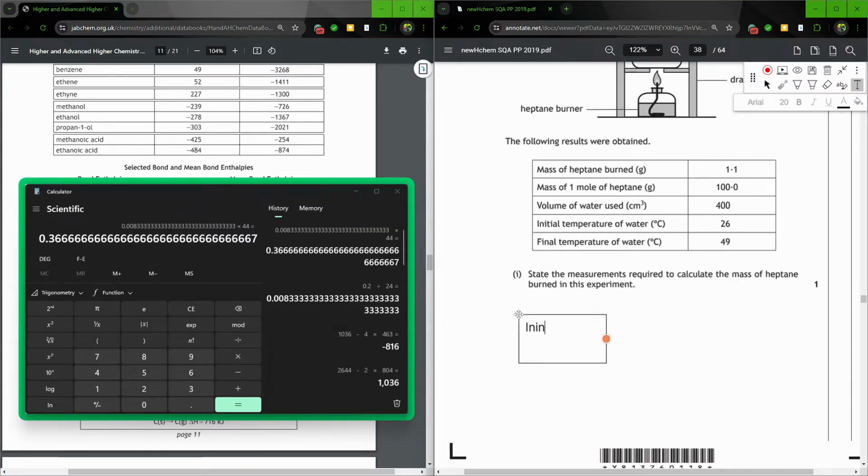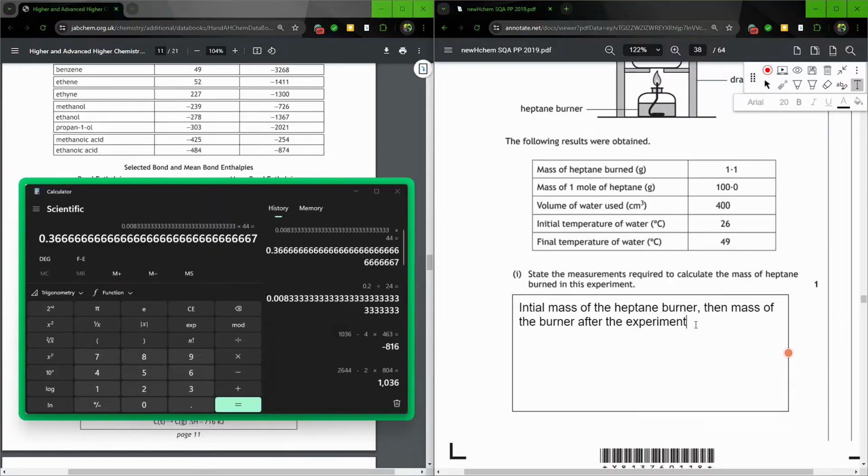You can say initial mass of the heptane burner, then mass of the burner after the experiment, and that's it, because it doesn't actually tell you to do any calculations, but just for the fun of it, I'm going to say then find the difference.